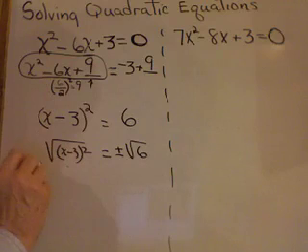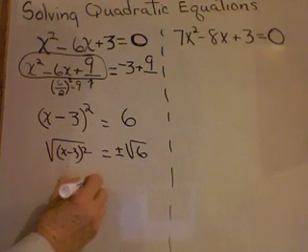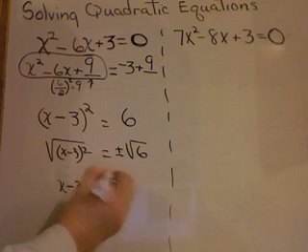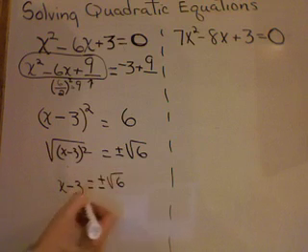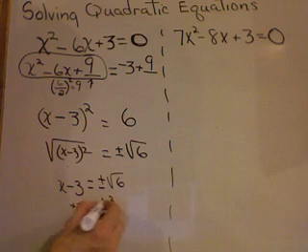All right, so here's the fun part. Square root of something squared, x minus 3, equals plus or minus root 6. Finish solving, add 3 to both sides.